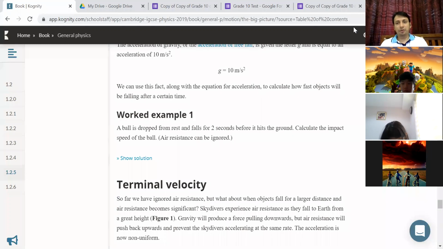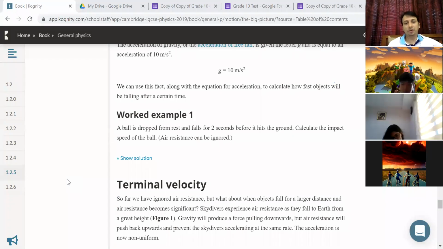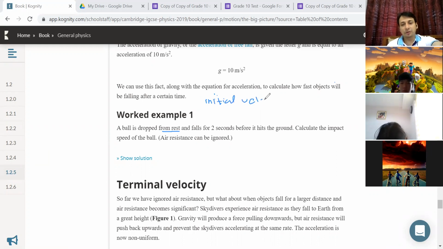So before going to the next point, now here, a ball is dropped from rest. What do we mean by from rest? That its initial velocity is 0.